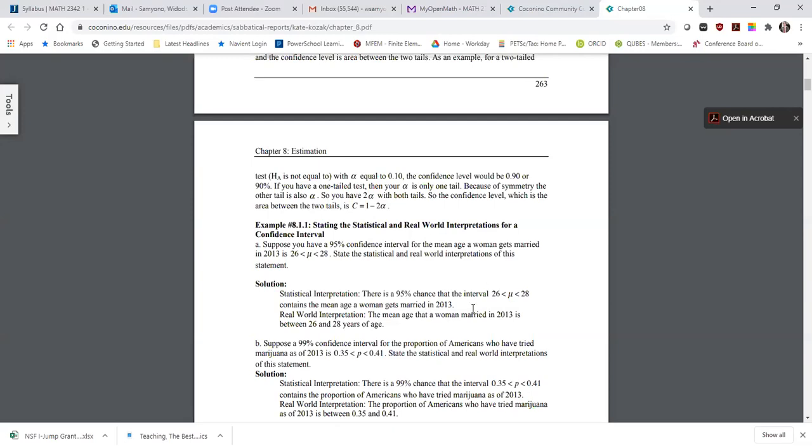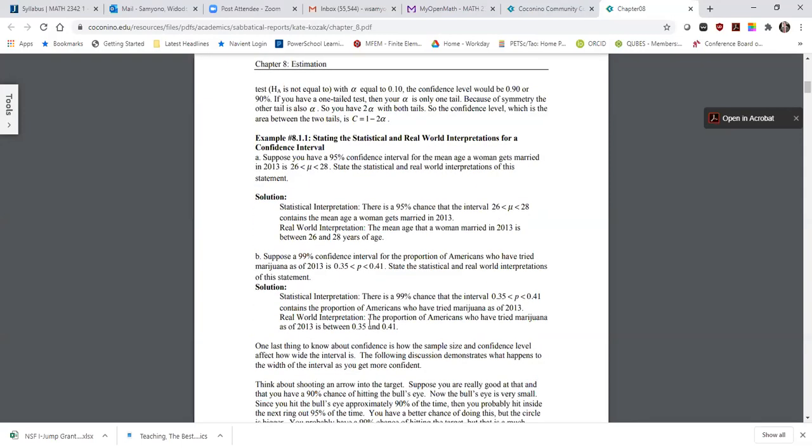Okay. The real world interpretation is the mean age at which a woman married in 2013 is between 26 and 28 years of age. So this is another example here. Okay. And how to interpret it statistically and what the interpretation in the real world is, you can also see it here.